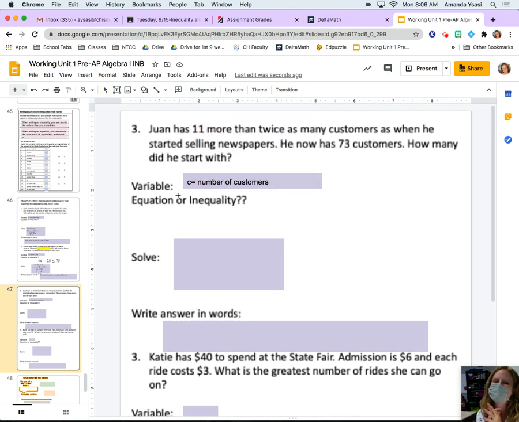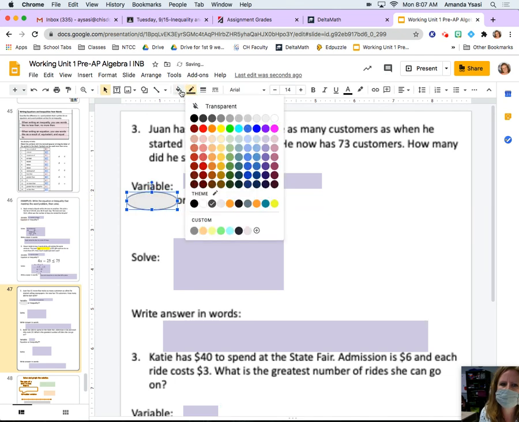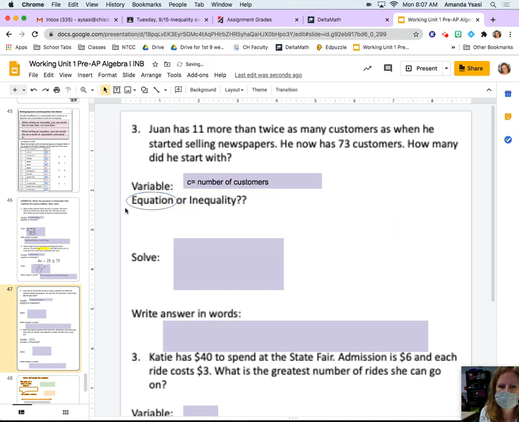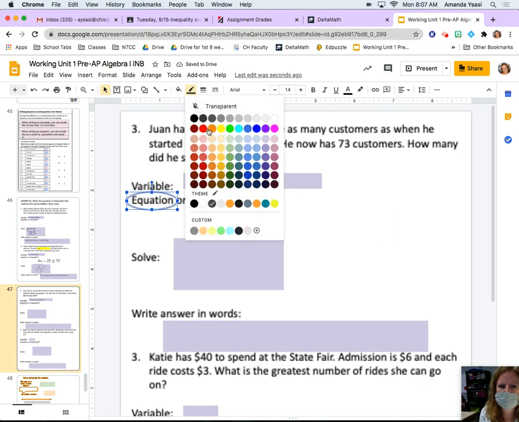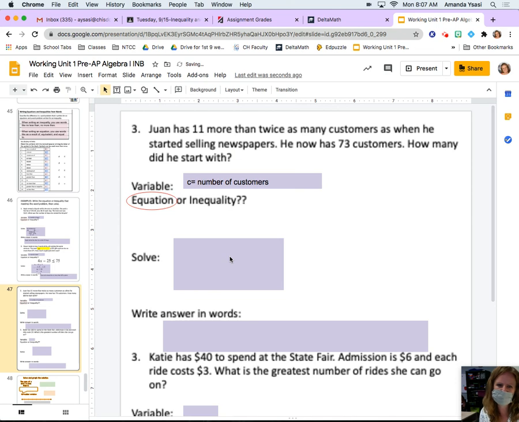Okay. All right. Is this an equation or an inequality? Equation. I'm going to change this to red. Okay, we need to set up the equation.